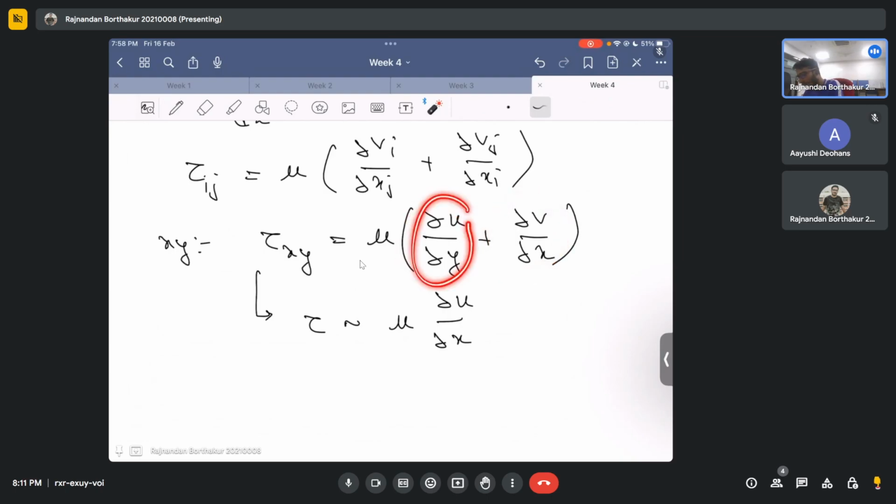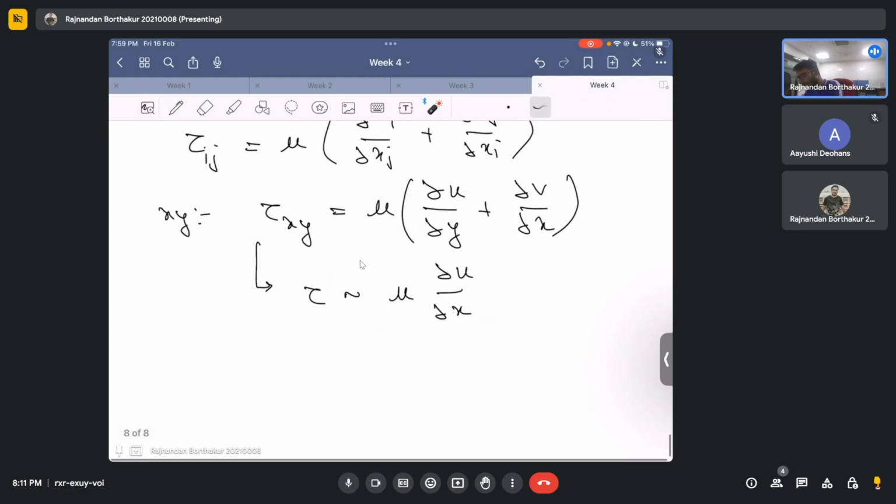This means these two terms have equal dominance over this tau xy, because tau xy is written as a summation of these two terms. So I can just write that tau xy is roughly equal to mu times del u by del x. This is just to derive the scale of the viscous stress.